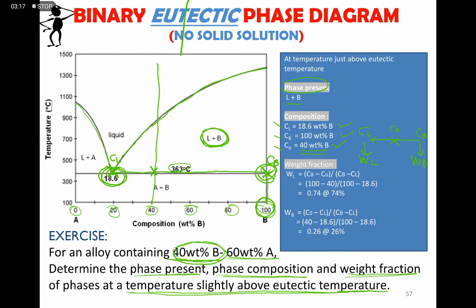Wl formula: Cb minus C naught over Cb minus Cl. Put in these values and your answer is 74%. How about Wb? The formula for Wb is C naught minus Cl over Cb minus Cl. Put in 40 minus 18.6 over 100 minus 18.6, and you get 26%.